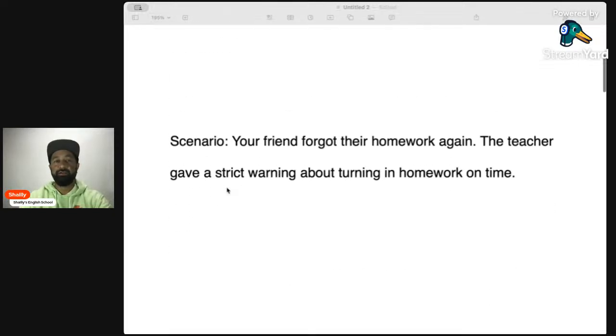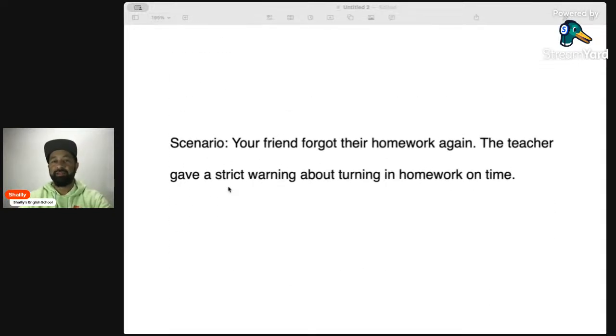Number 2 here, the scenario is on the screen. It says, your friend forgot their homework again. The teacher gave a strict warning about turning in homework on time. So the teacher said, make sure you hand in your homework on time, but my friend forgot his homework.